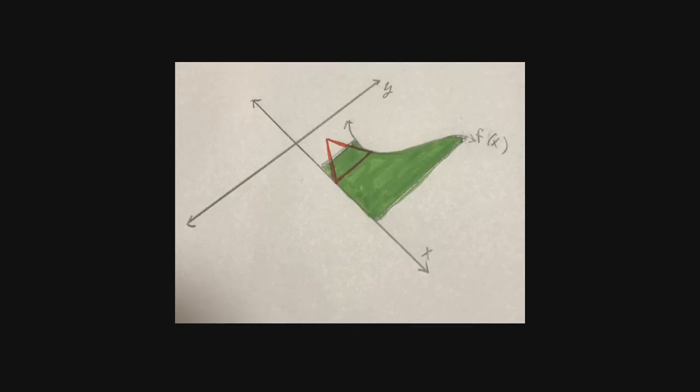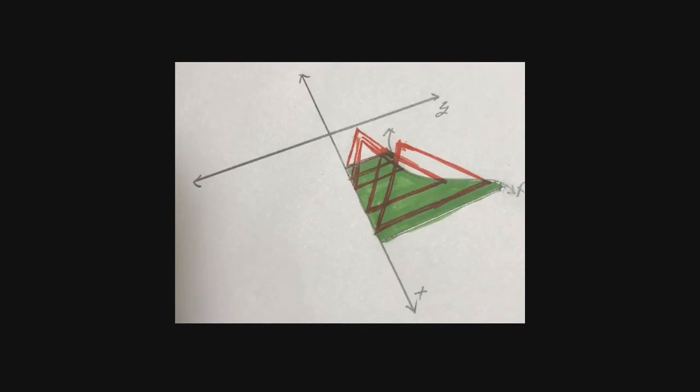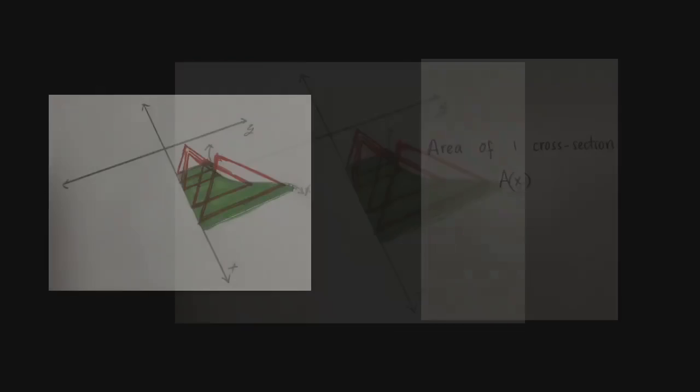If we know the shape of the cross section of the solid, we can find the volume of the whole solid. So let's pretend that our solid has cross sections in the shape of equilateral triangles, with one side on the region, perpendicular to the x-axis. So as you can see, all of the cross sections here are in the shape of equilateral triangles.